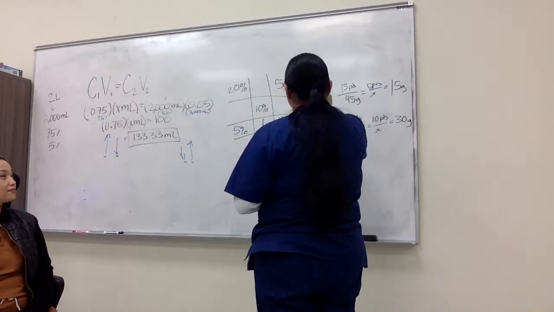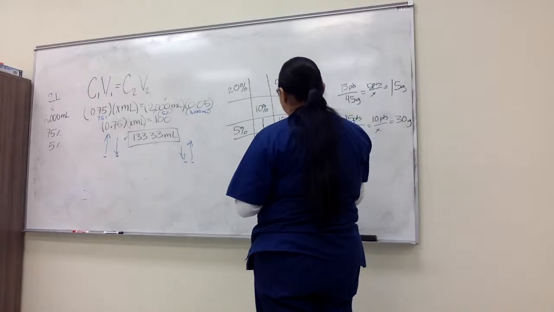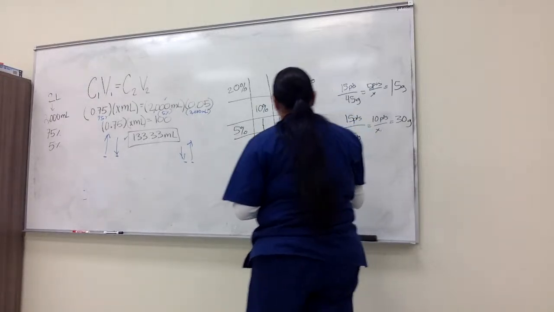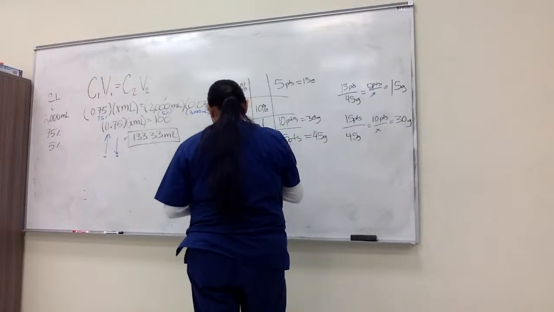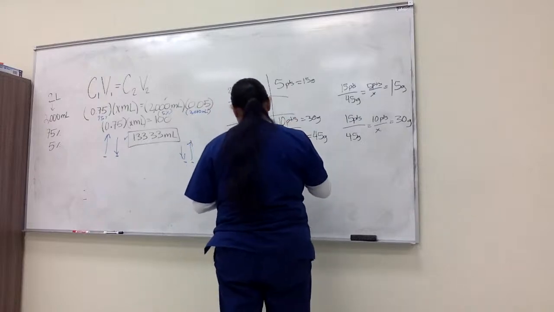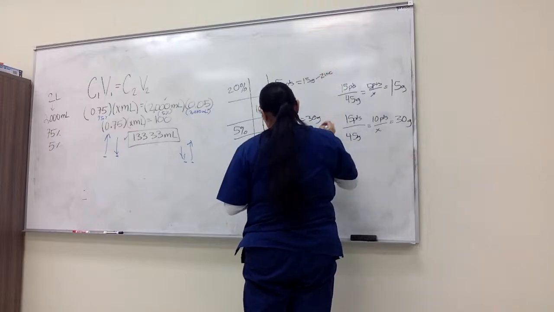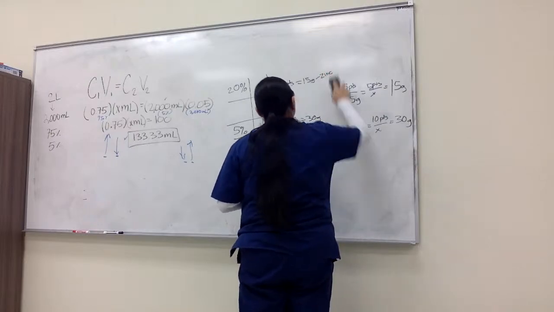So 20% is going to be 15 grams. Label. Which one is which? Which one is 20%? Which one is 30 grams?